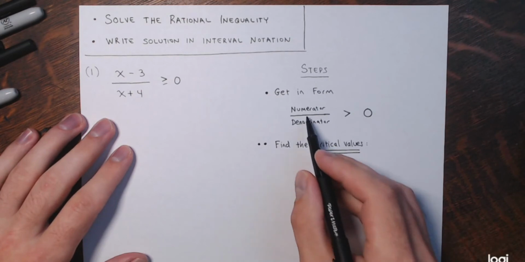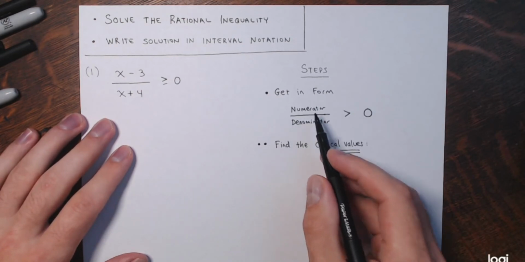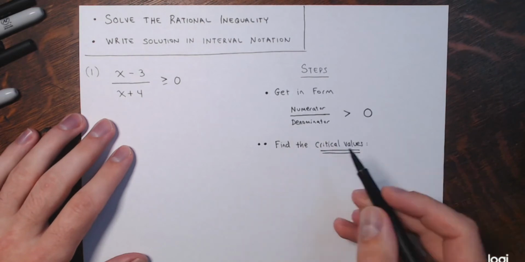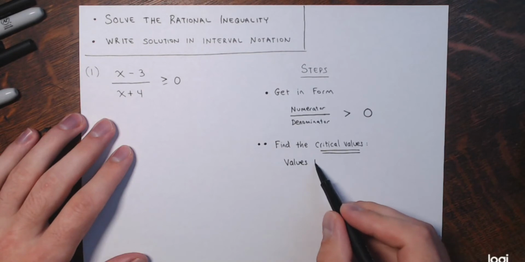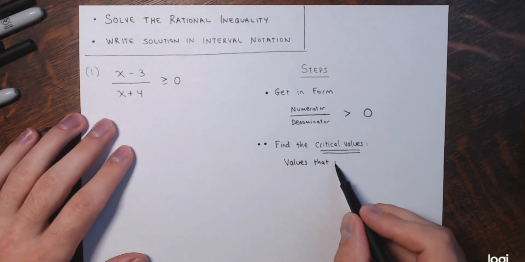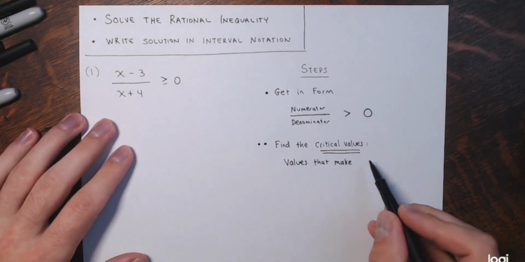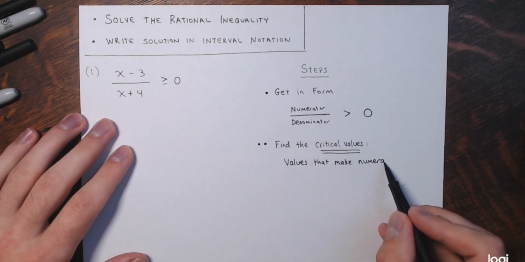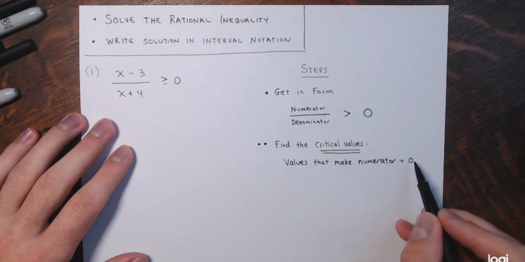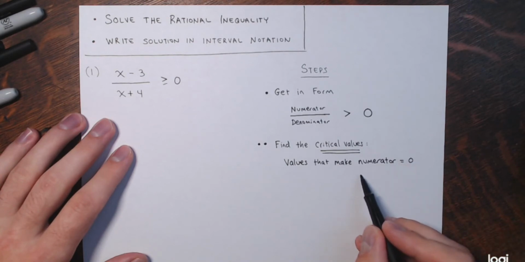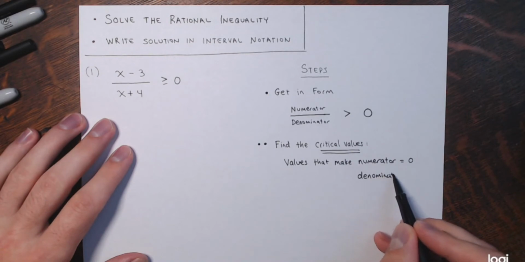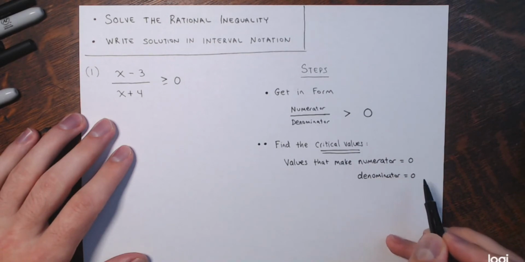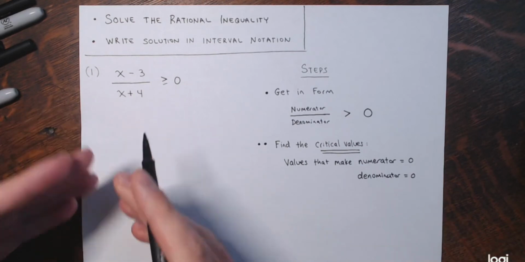These are just the values that make the numerator of the fraction equal 0, and also the values that make the denominator equal 0.